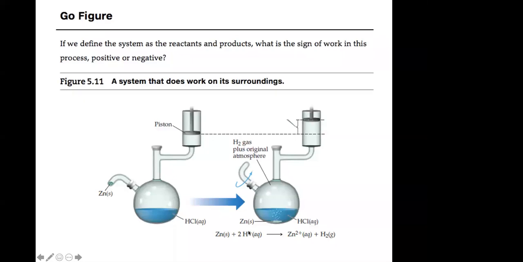The H plus, which came from the HCl, went from H plus down to 0. So I'd say the H plus was being reduced. Electrons were being added to it. It formed H2 gas, and it pushes against the piston now. So the volume of my system here has expanded. So take a second, think about this. What would you say the sign of work should be? Positive or negative?